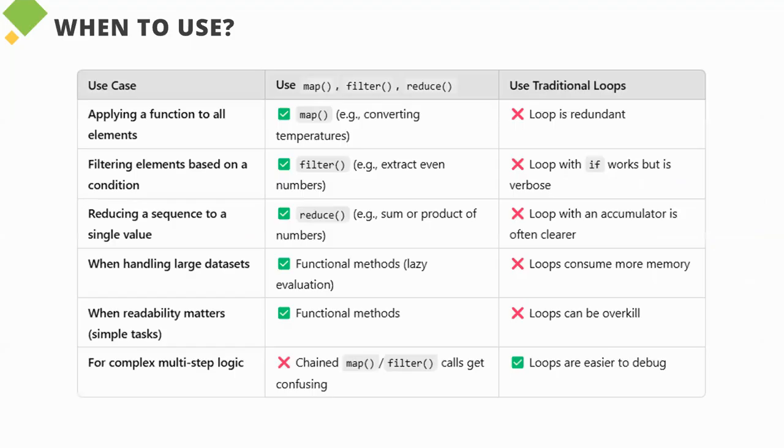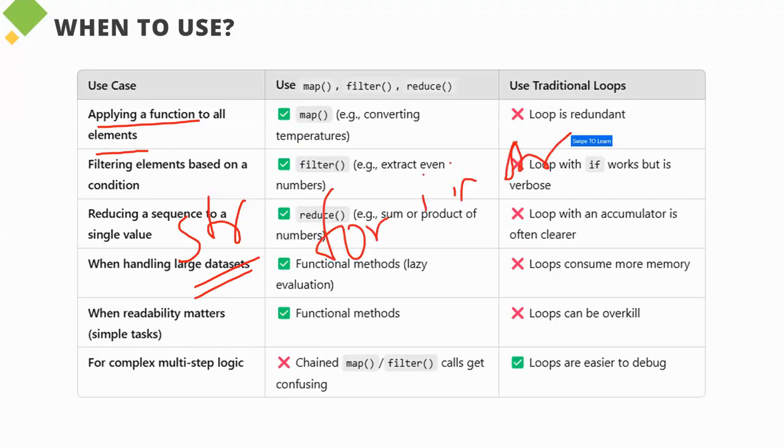So let's see the use cases. If you want to apply a function to all the elements, suppose I have a string str and I need to iterate over each and every character. How would I write it? For i in str, call a function on i. Instead of that, you can just map them.